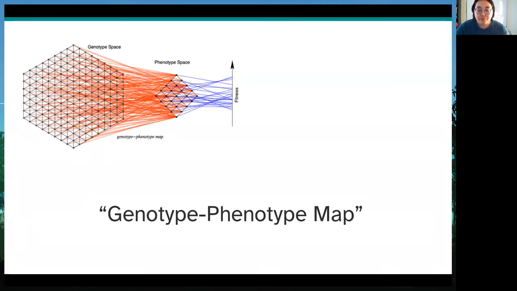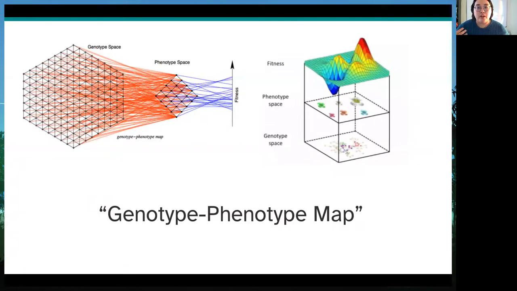A slightly more visually inclined metaphor might be this genotype space where you have all these very particular values that get projected up into a phenotype space where you have more abstract concepts of where things might be in phenotype space.